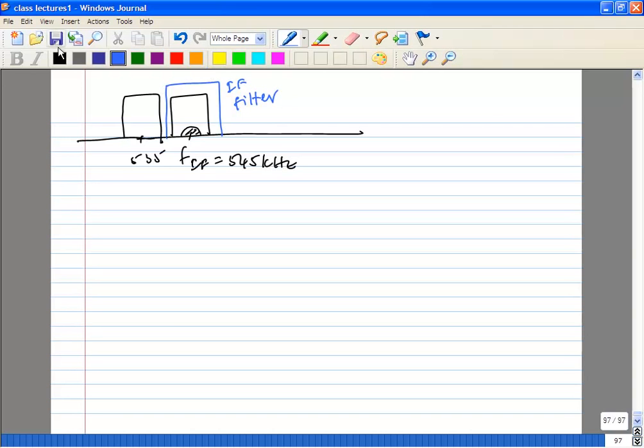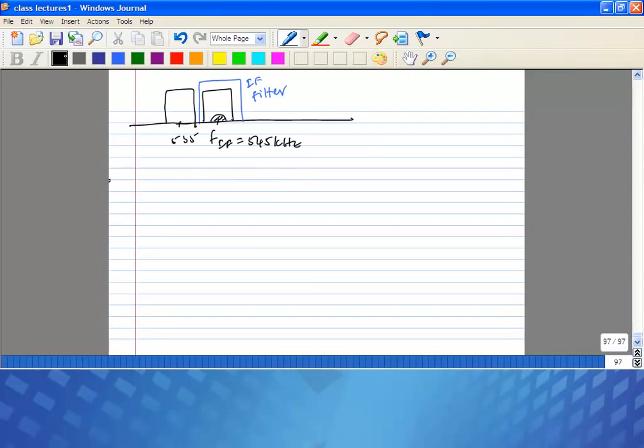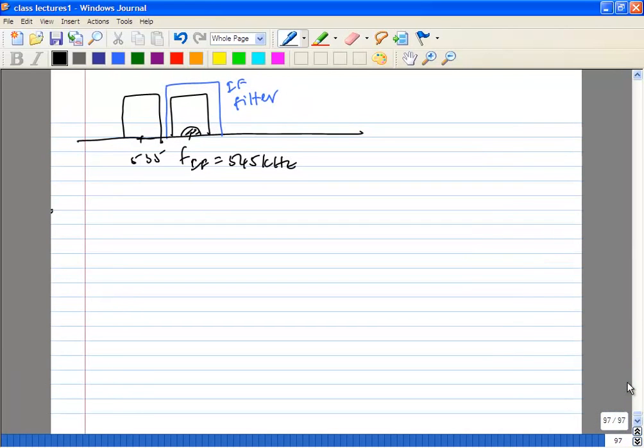So your final system is going to look like this. So you have a band select filter. You can have an LNA.